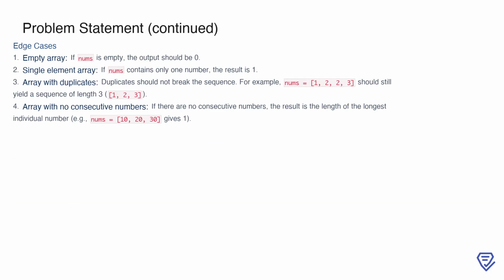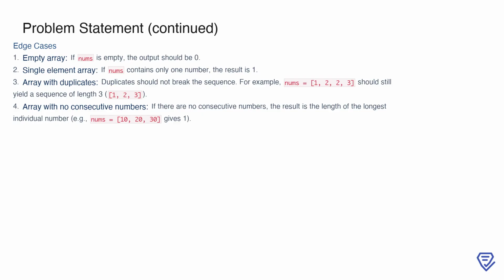Finally, let's discuss some important edge cases. If the input array is empty, the output should be 0, as there are no numbers to form a sequence. For a single element array, the result should always be 1, because the single number forms the longest sequence. Arrays with duplicate values, such as nums equals 1, 2, 2, 3, should still produce the correct result by ignoring duplicates.